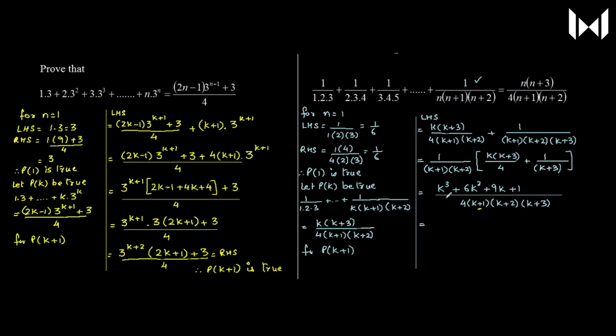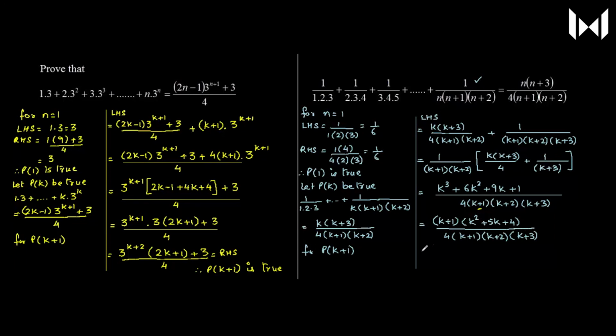So if you divide k cube plus 6k square plus 9k plus 1 by k plus 1, we get k plus 1 into k square plus 5k plus 4 over 4 into k plus 1 into k plus 2 into k plus 3.